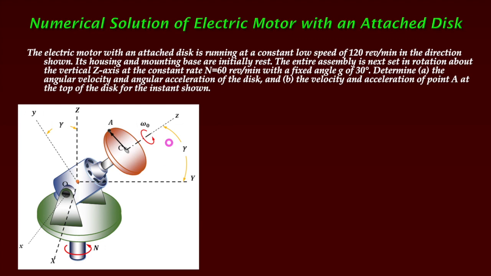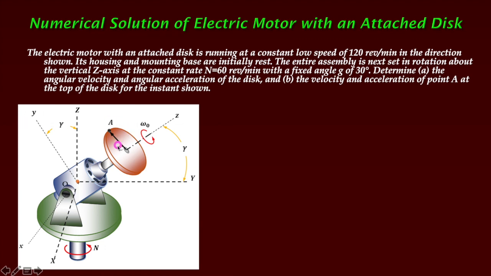Now if we assume that with the capital Y axis, this z axis, meaning the axis of the motor, always maintains a fixed angle gamma. Then as usual there is an angle between Z and Y also.